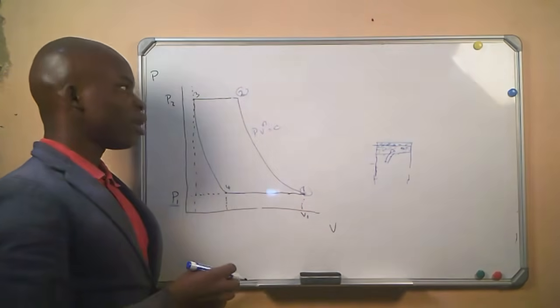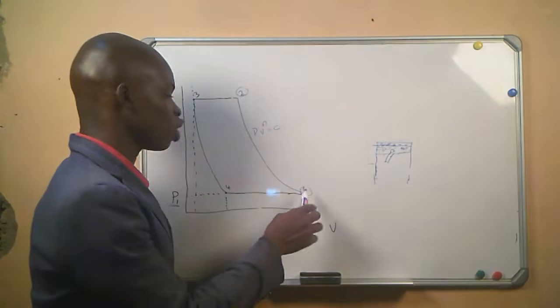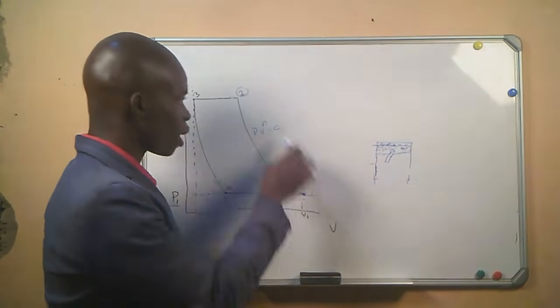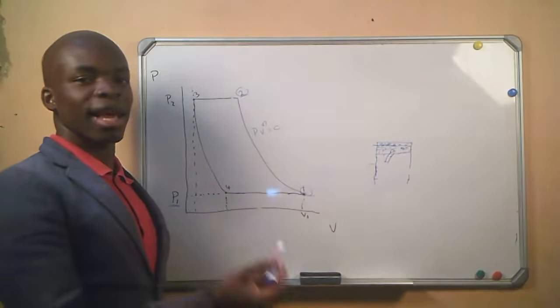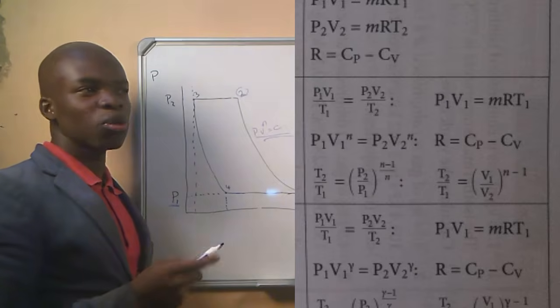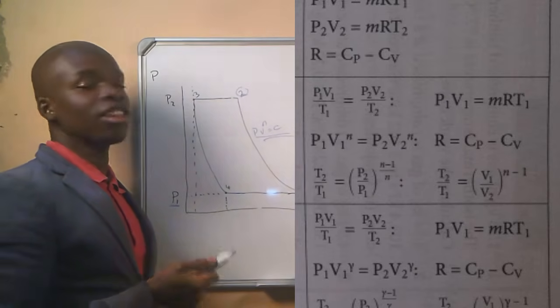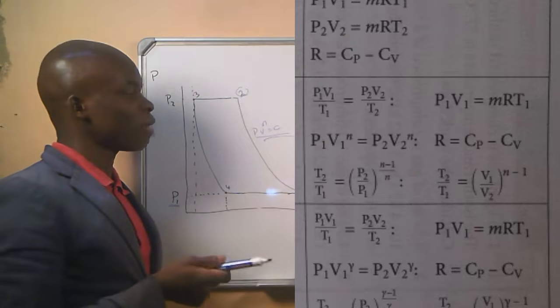Any information that you want from point 1 and point 2, you can get using the formulas of the polytropic law, which we did in thermodynamics of gases, the first chapter.